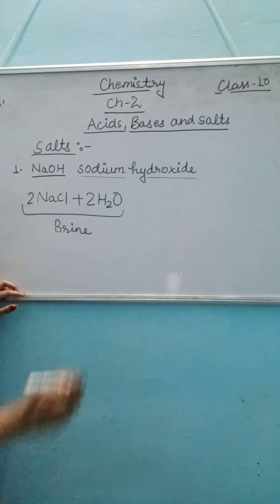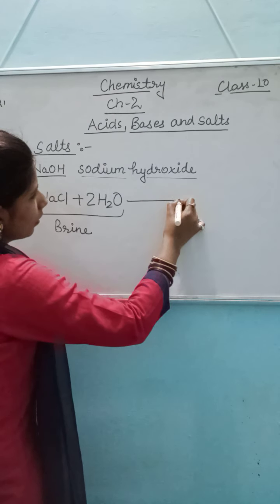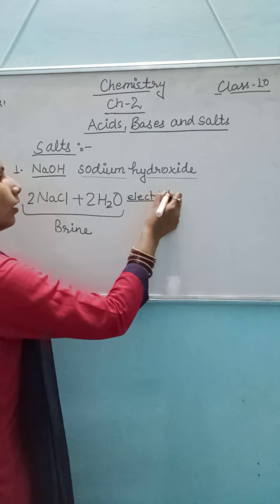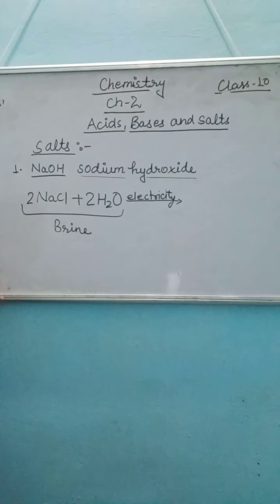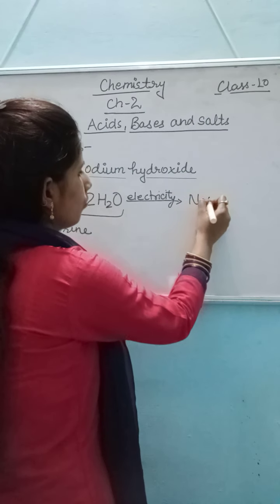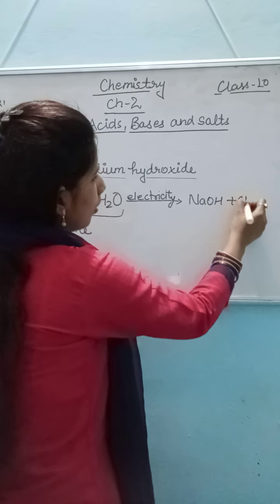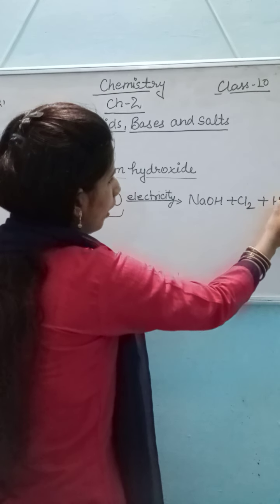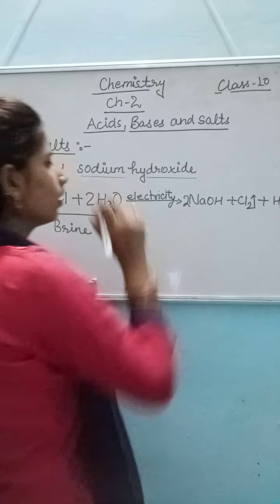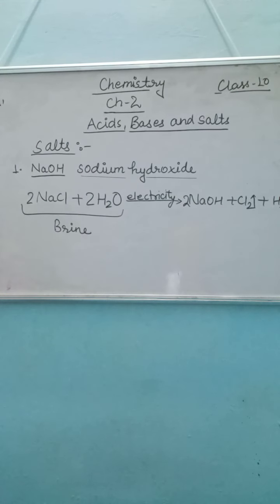Now when electricity is passed through this solution, what happens? Sodium hydroxide, NaOH, plus chlorine gas plus hydrogen gas are produced in this reaction.